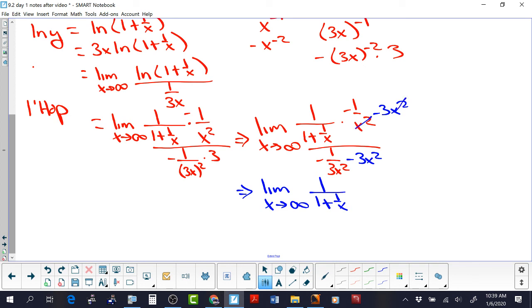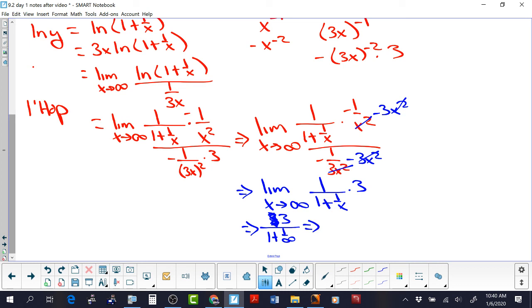These cancel, and negative times a negative is a positive, and these all cancel over 1. So what you're left with is 3, right? We're left with 3. Now we can actually plug infinity in, believe it or not. That's 3 over 1 plus 1 over infinity. Well, what's 1 over infinity as a limit? What are we approaching? 0.